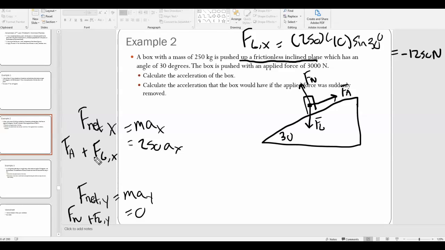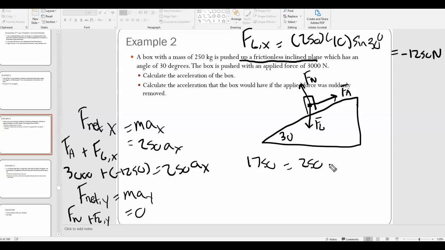Alright, so I have FA, I have FGX. This is now an easy problem. 3,000 plus negative 1,250 equals 250 AX. 3,000 minus 1,250 is 1,750. And so AX is going to be 7 meters per second squared. Okay, so it would accelerate up the plane at 7 meters per second squared. Easy problem.